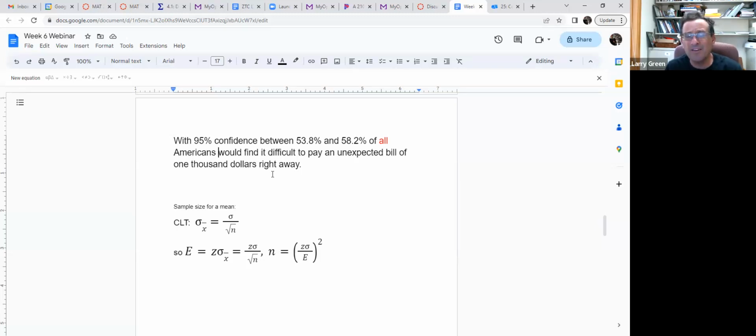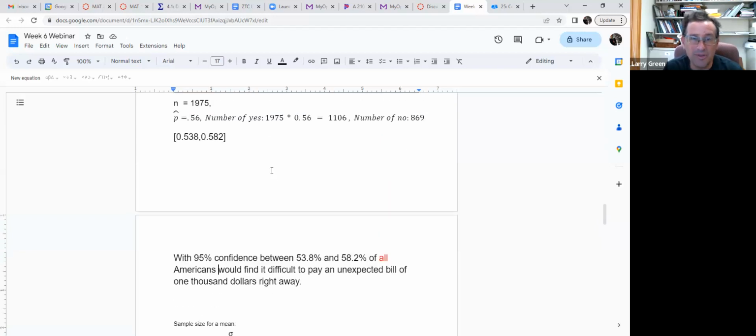Okay, for the confidence level, I'm just going to say it, but I'm not going to spend a lot of time on it. I'm not even going to type it out. But for the confidence level, it's the same idea, is that if you were to survey many groups of 1,975 Americans, then each group would end up resulting in a different confidence interval for the population proportion of all Americans who find it difficult to pay an unexpected bill of $1,000 right away.